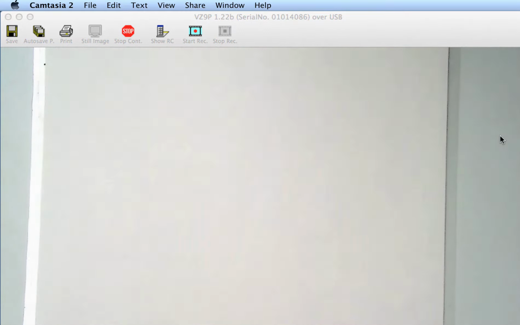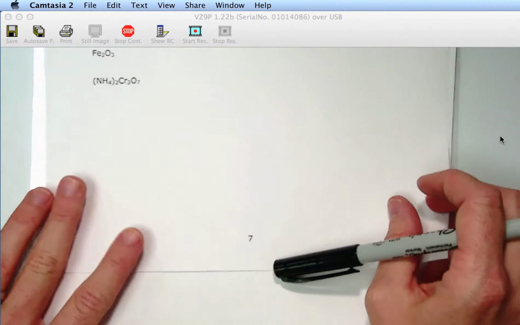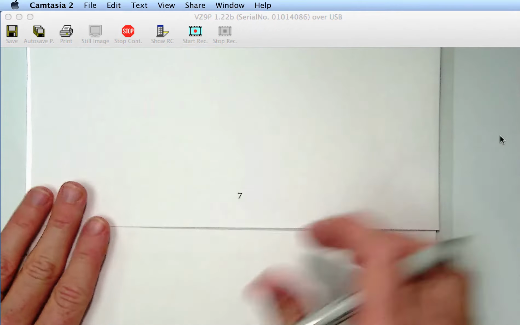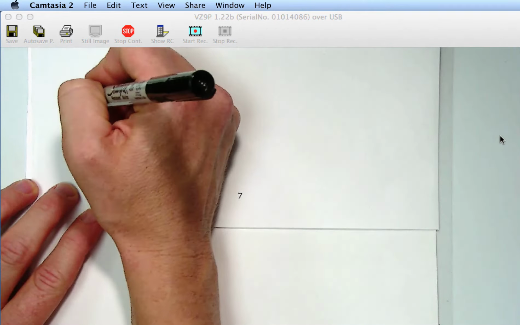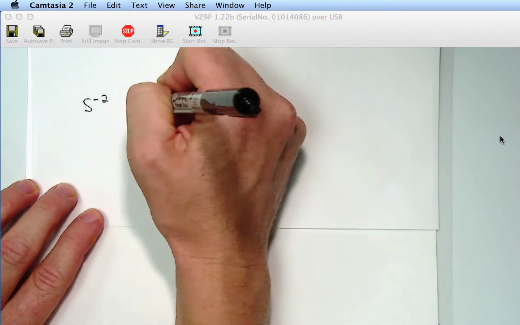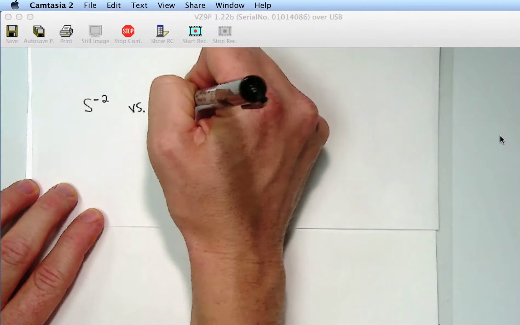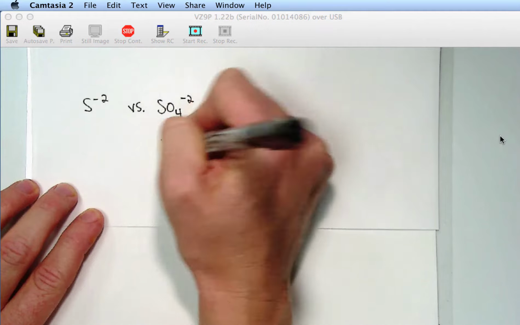Maybe at the bottom of this next page, you can write this. I'm going to give you a few that are easily confused, these anions, since we just went over how to name anions. S minus 2 versus SO4 minus 2, or SO3 minus 2.